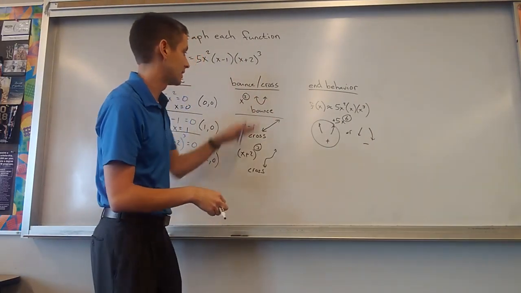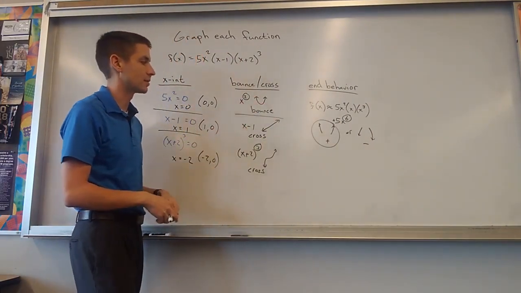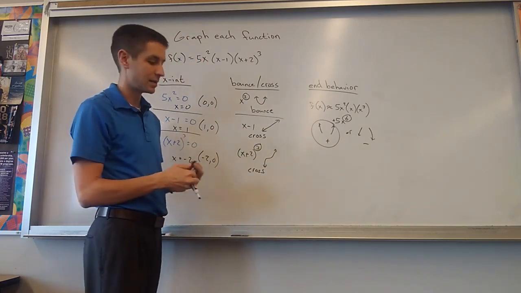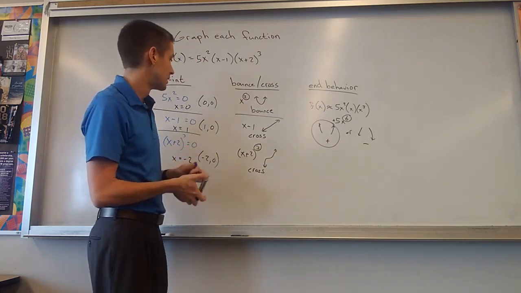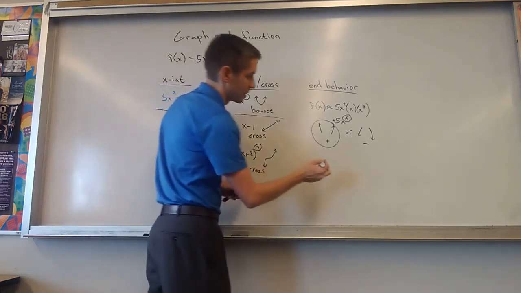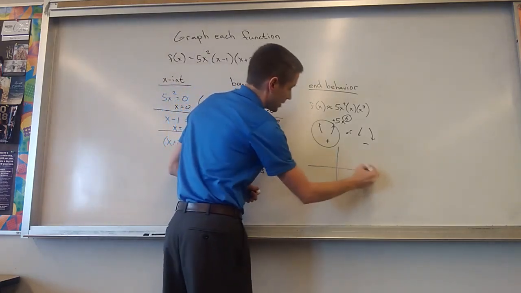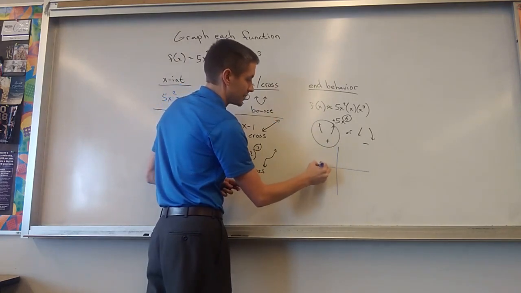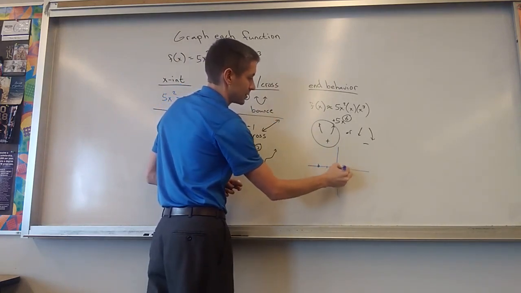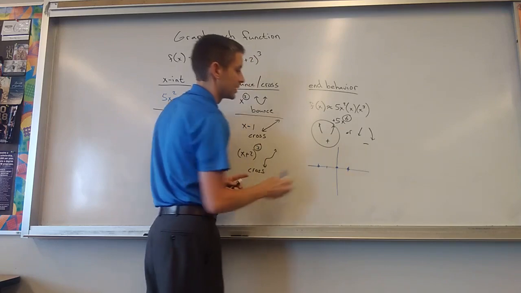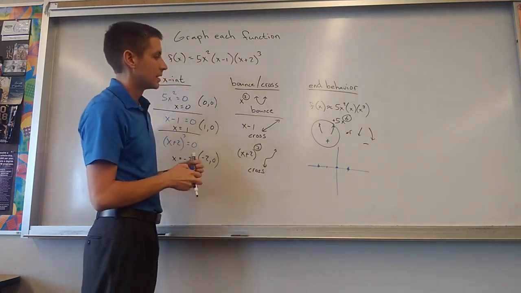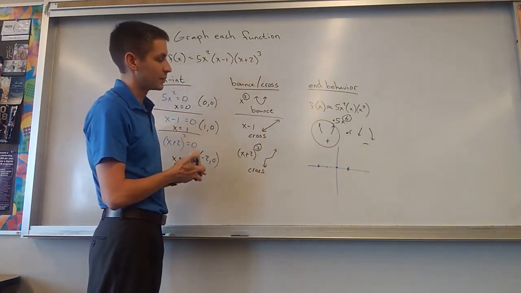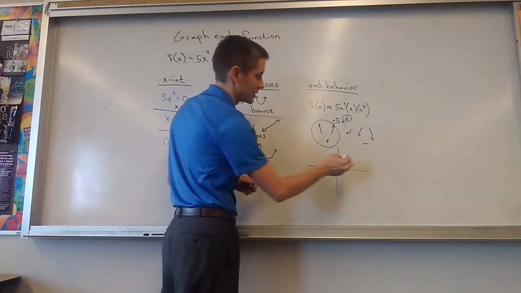So to pull all this together, I'm going to first plot my intercepts. I've got one intercept at negative 2, a second intercept at 0, and a third intercept at 1. Based on the end behavior that we just found, we knew that the left side of this graph is going to be going up. So it's going to look something like that.